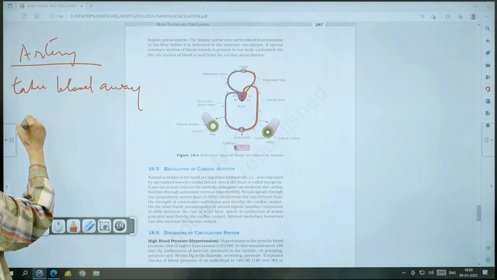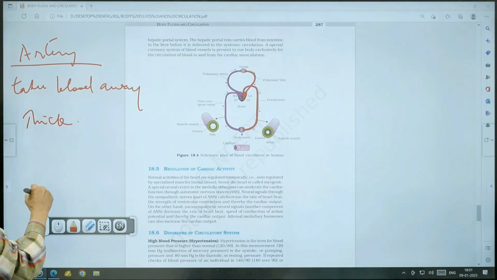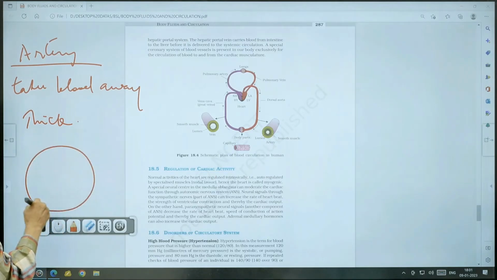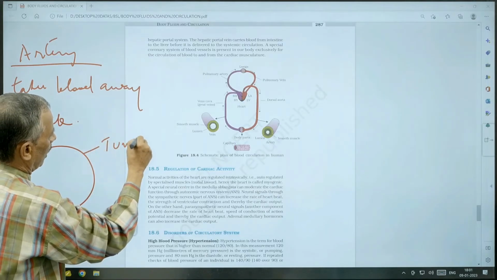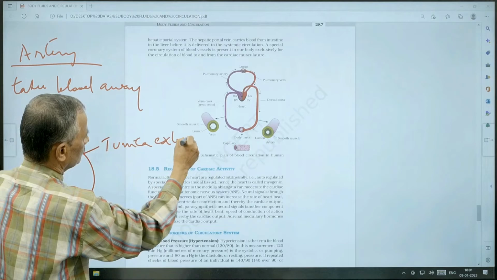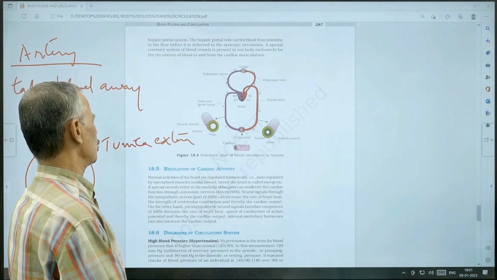Its walls are thick. We have three layers for a blood vessel. The outermost is called tunica externa, which is a very tough connective tissue layer.